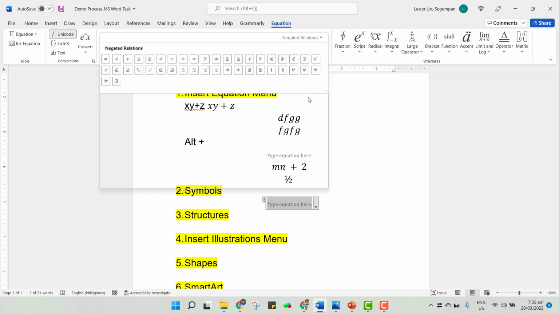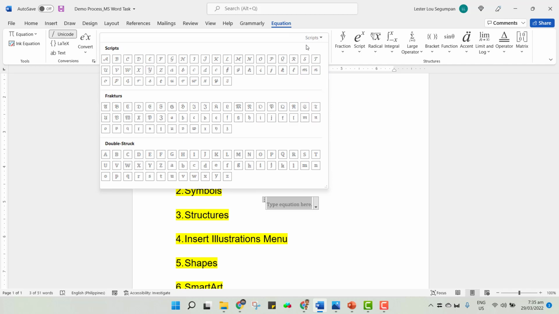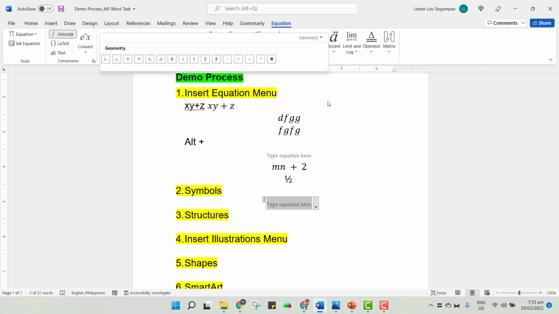You also have here the scripts and for geometry, specifically the perpendicular, right angle rather, the plane and perpendicular. Acute angle or angle, we have here this, triangle, perpendicularity, parallelism, etc. So we have these symbols here.